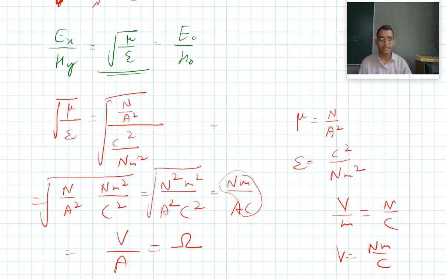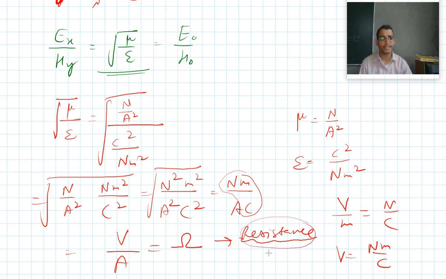So root of mu over epsilon is the unit of resistance, but here I am talking about an electromagnetic wave, which has capacitance and also inductance, because both electric and magnetic fields are changing.